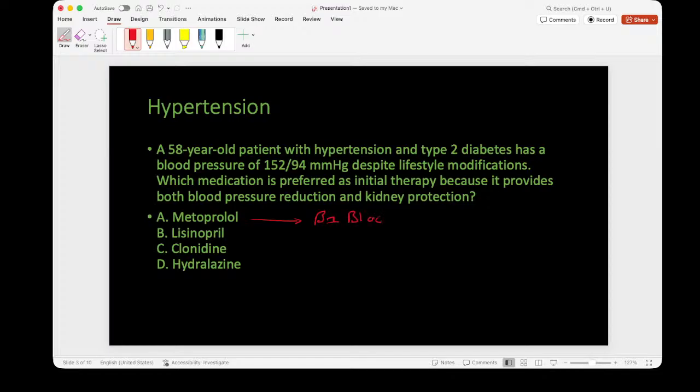So when you're looking at a beta 1 receptor on the heart or in the kidney, metoprolol is typically going to antagonize that receptor there, and eventually reduce the heart rate, and also, in the process, prevent renin release from the kidneys.